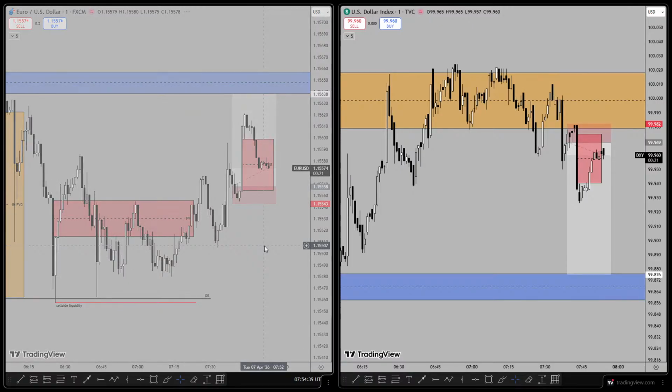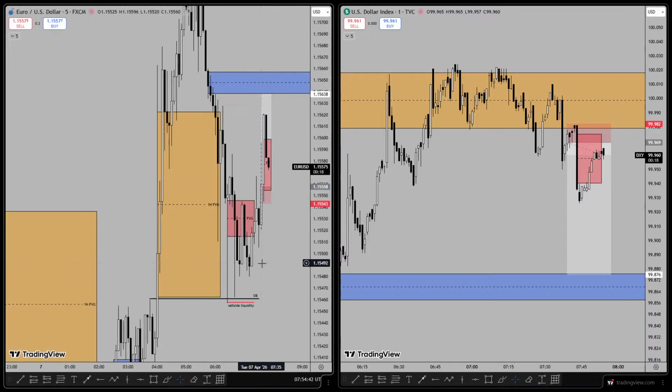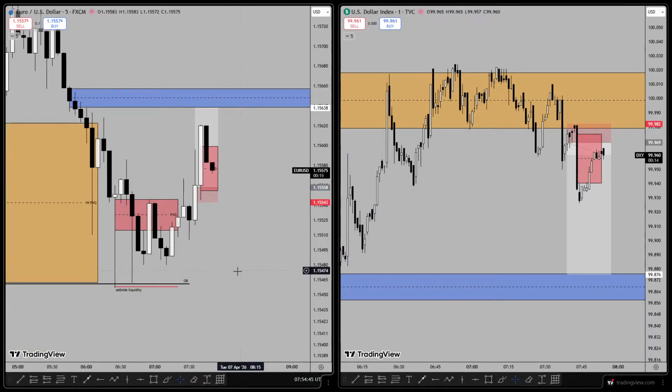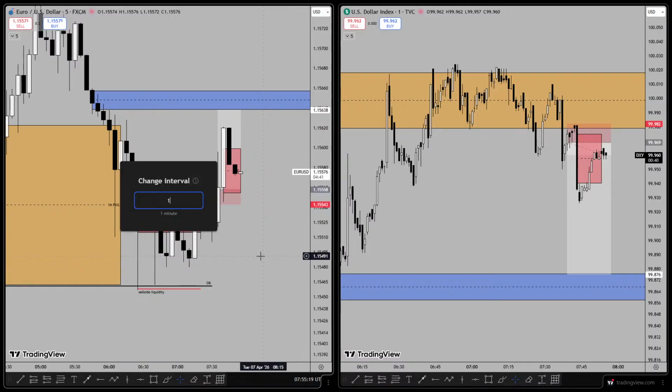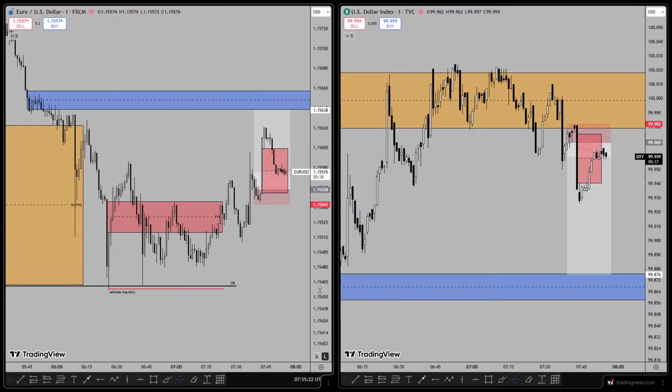Let's look at the 5 minutes. Here, Euro USD. 1 minute.